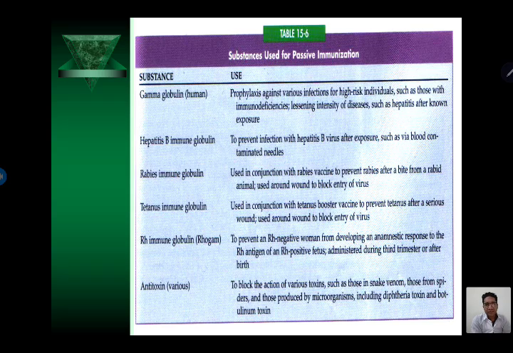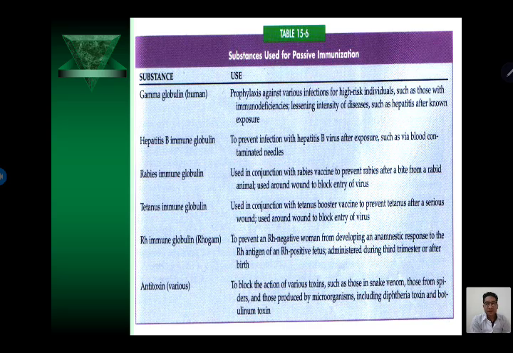Rabies immunoglobulins are used in conjunction with rabies vaccines to prevent rabies after a bite from a rabid animal, used around the wound to block entry of the virus. Tetanus immunoglobulins are used in conjunction with the tetanus booster vaccine to prevent tetanus after a serious wound, used around the wound to block entry of the viruses.